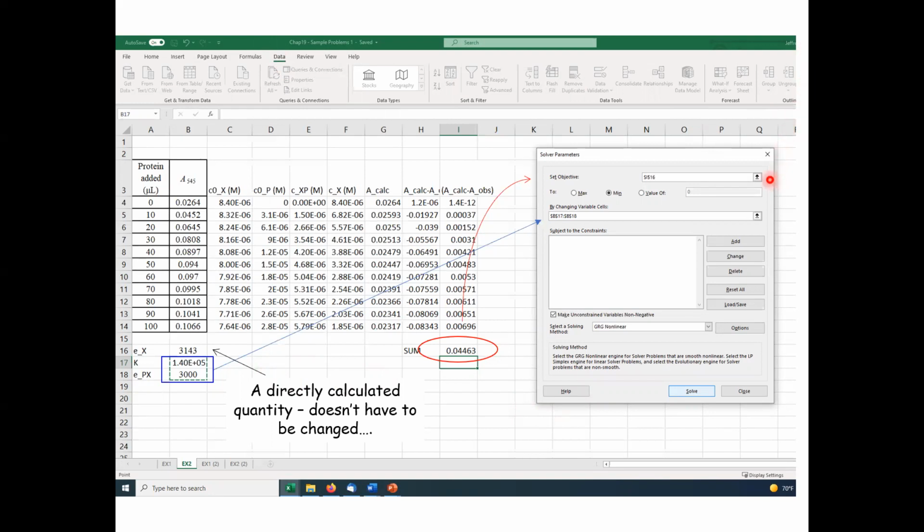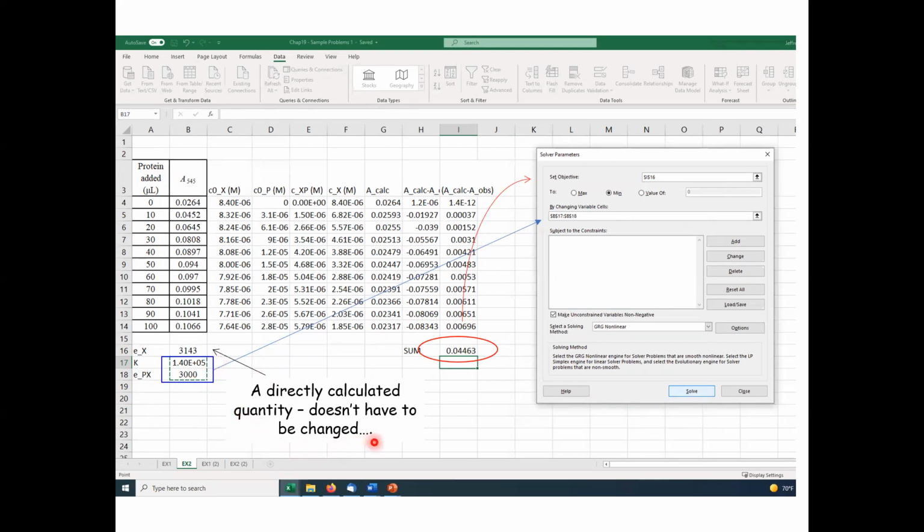What we're going to do is set our objective cell, the sum of the square residuals, to a minimum by changing the input cells, the numbers that I guessed. In this case, it is the extinction coefficient of the complex and the equilibrium constant.